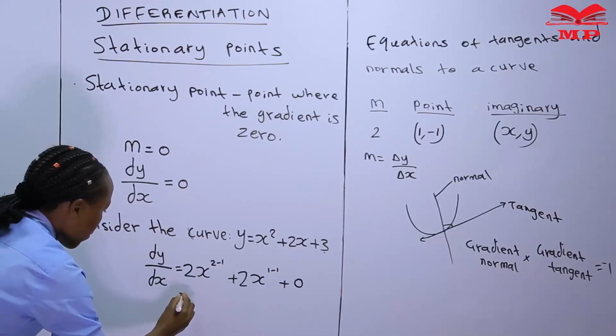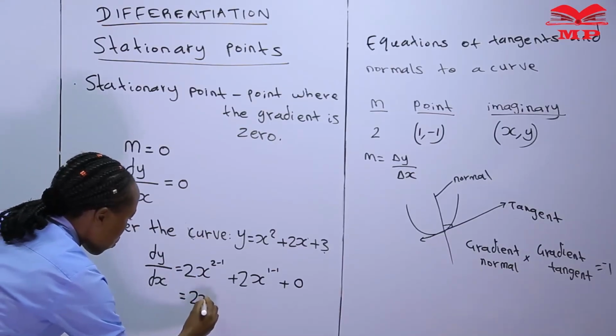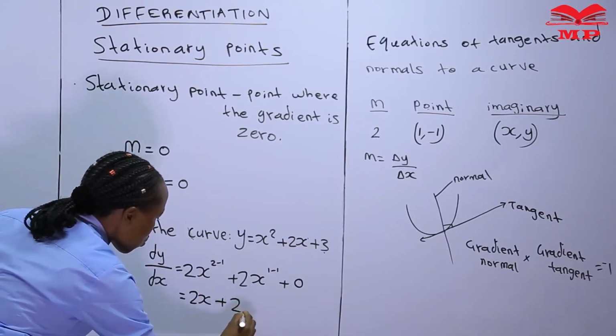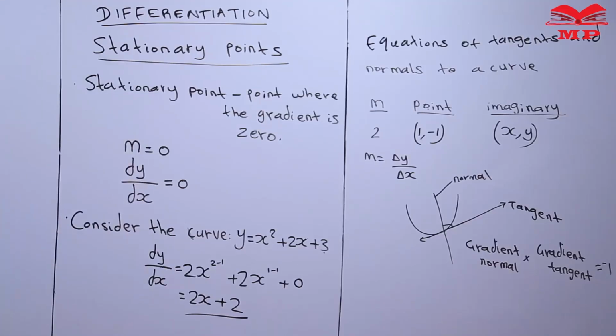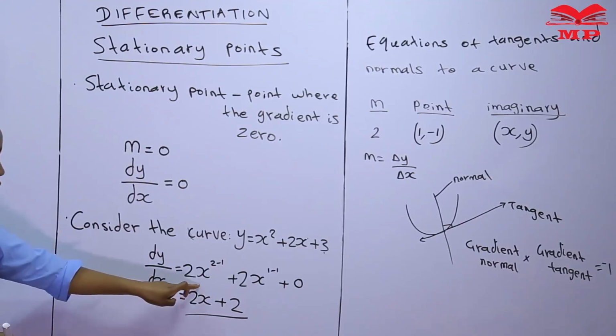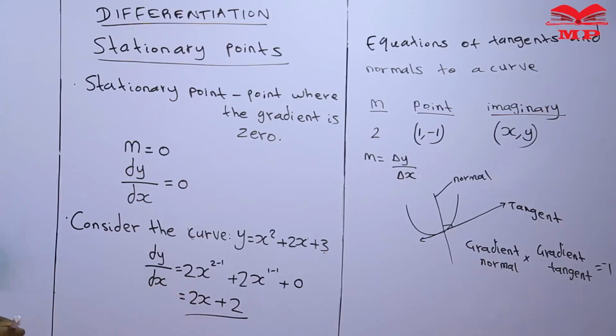So we are going to have dy/dx as 2x plus 2. That is the gradient function, and when we equate this to 0, that is at the stationary point.